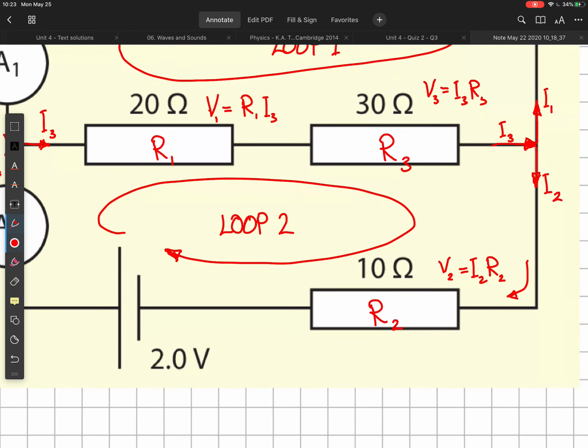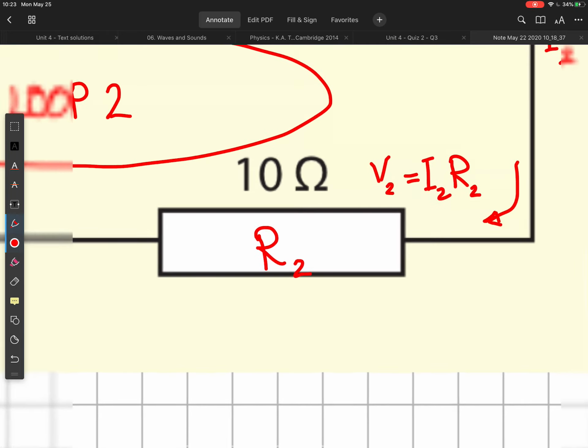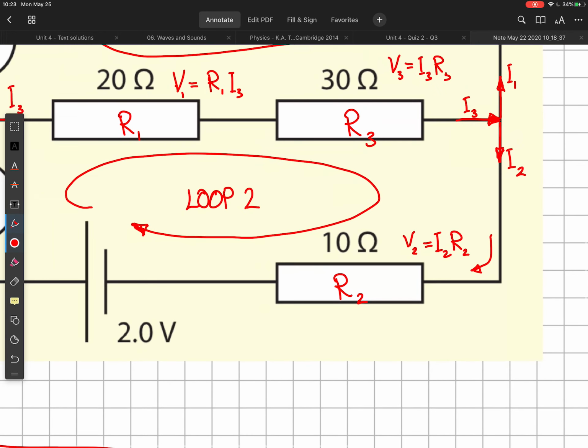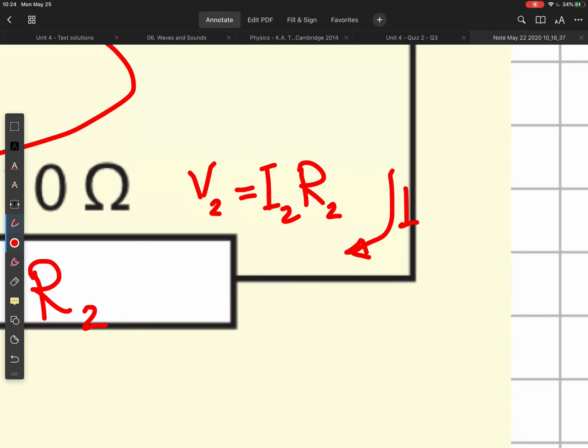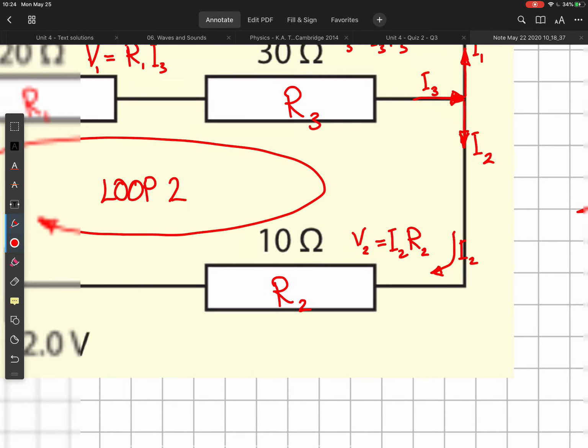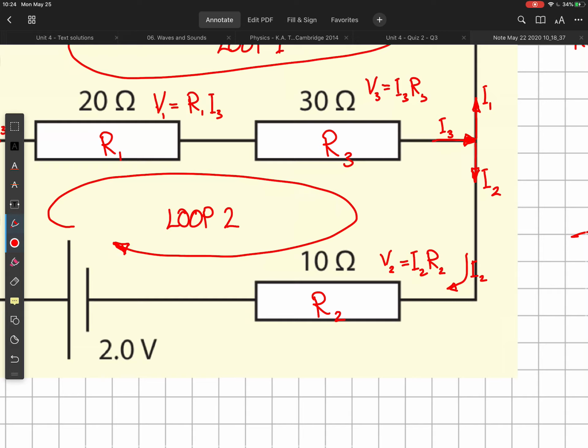So I just named these resistors with a subscript in a way that is convenient for me, but you may have a different idea of what's convenient. So if you do, name them what you want.